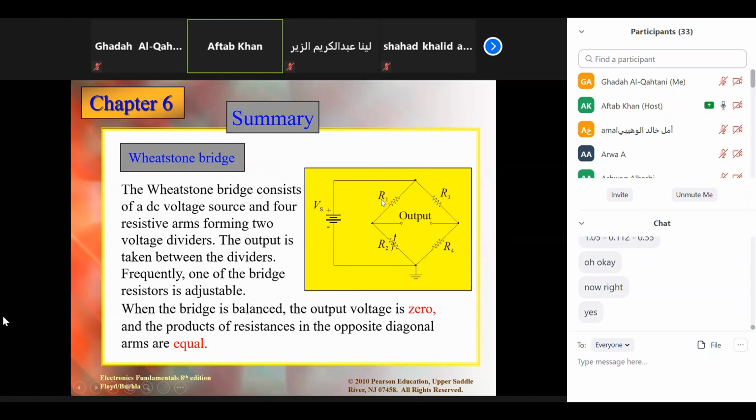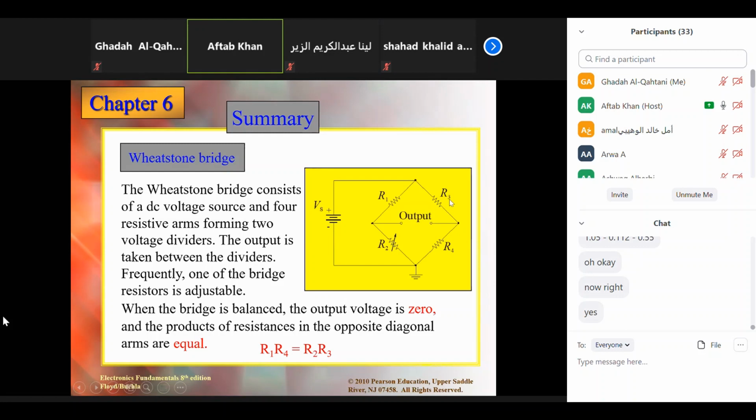That is, R1 multiplied by R4 is equal to R3 multiplied by R2. When equal, the bridge is said to be balanced. So under the balance condition, when the output is 0, R1 times R4 equals R2 times R3.